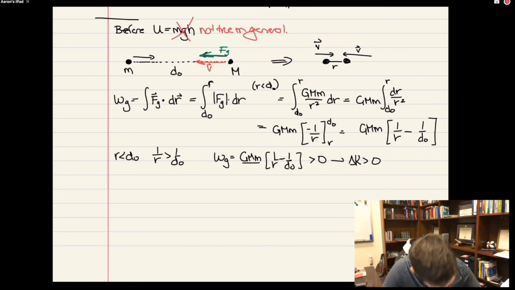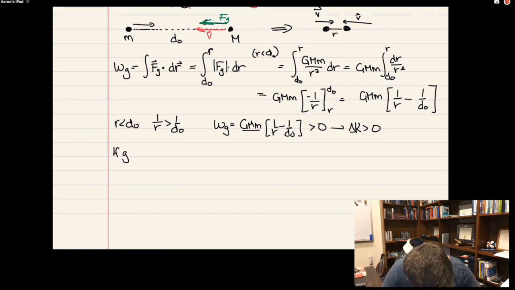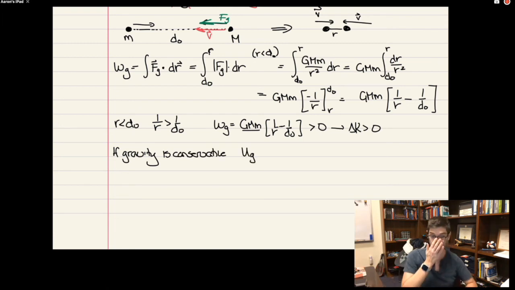That means, if gravity is conservative, we can write a gravitational potential energy for gravity. In this case, we just showed, remember, we defined a change in potential energy as minus the work that was done.